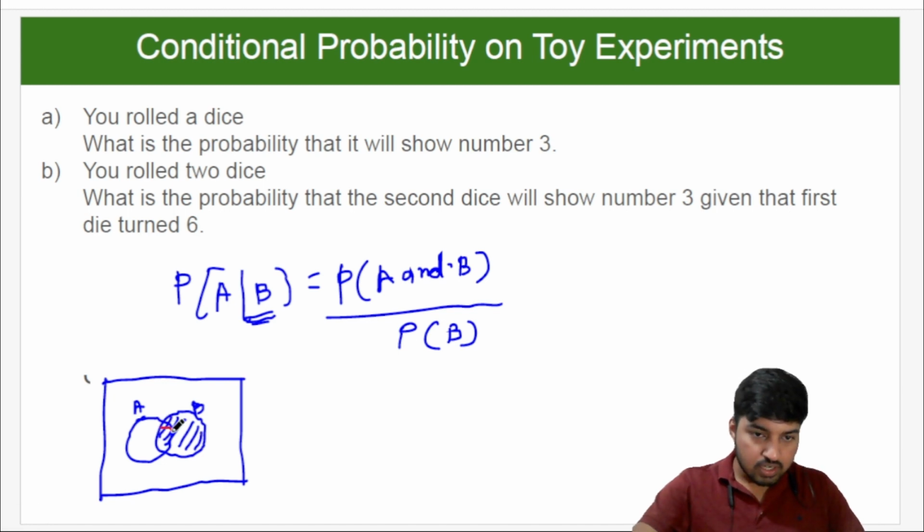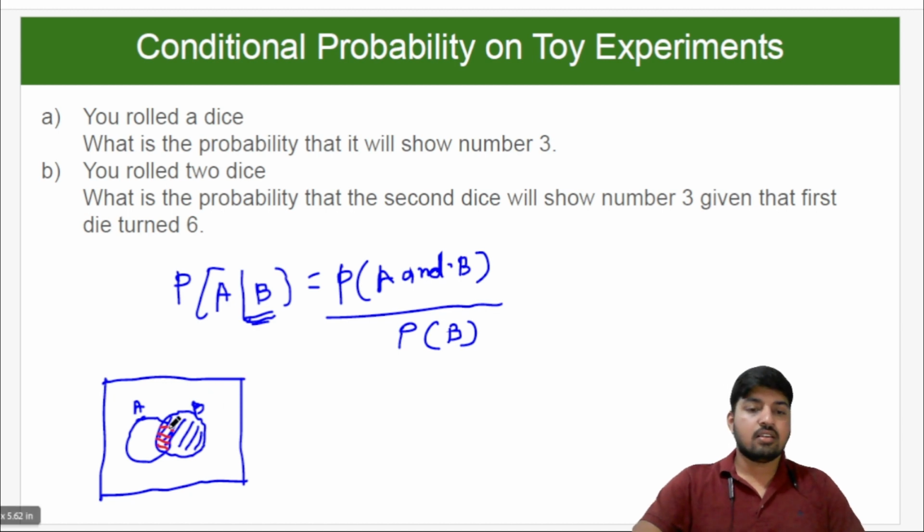That probability is just only this red part, this small part here. What is the intersection part? That is the only probability, because if B has happened, only for these favorable outcomes can I have the probability. Probability of A and B gives this part, two parts happening together, divided by this whole part.